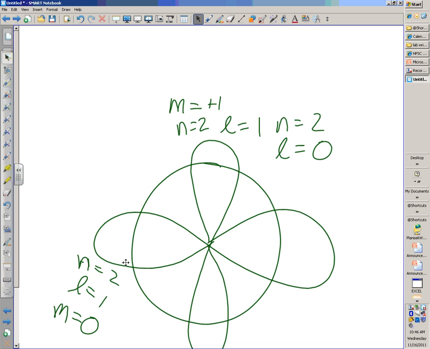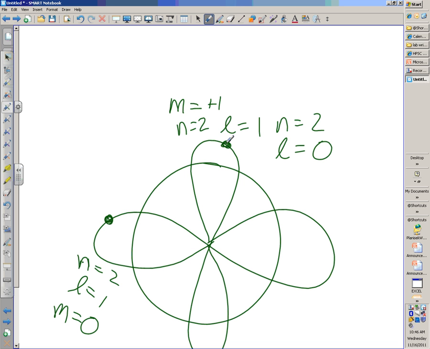Like on something like this, if I ask you about this electron and this electron, both of them have the same n value, because they're both in the second energy level. Both of them have the same l value because they're both in the p sublevel.